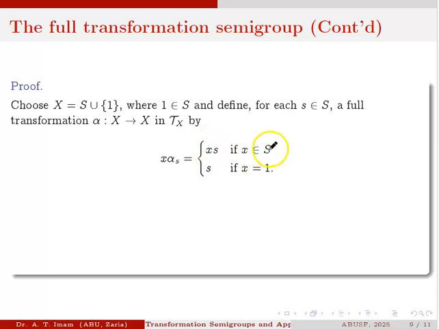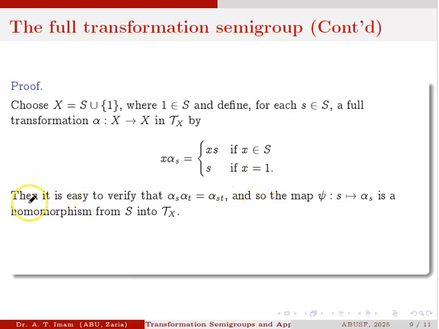If x is an element of the semigroup, then you can perform the semigroup multiplication. Otherwise, if it is that extra element, 1, which you included, then the image of x under this alpha_s will be equal to s itself.